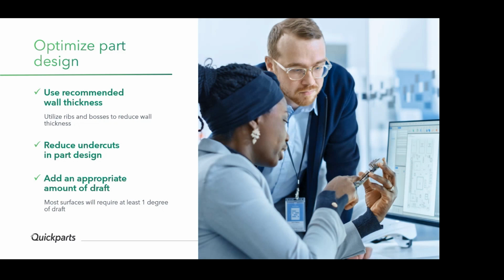But 1 degree draft is desired, so that there is no issue on part ejection, there are no drag marks, and the part doesn't stick. For textured areas, refer to the recommended draft for a particular texture, because the deeper your texture, the higher the draft will be to make sure the part comes out right. So optimize part design.